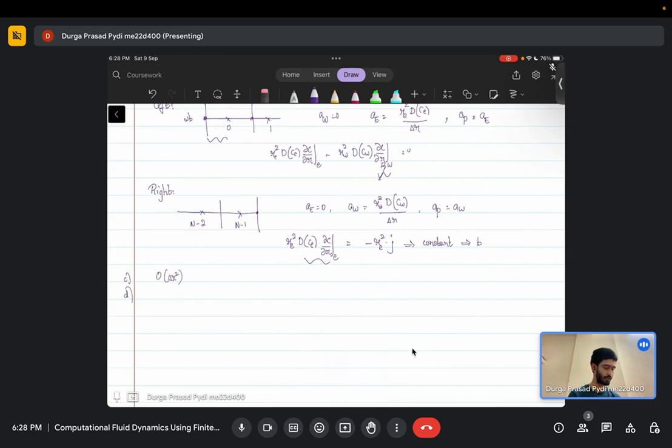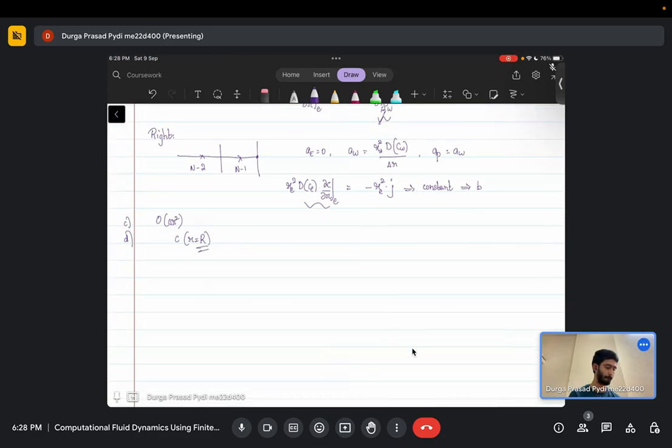Our objective is to find the value of c at the surface at r equal to capital R. So how do I get this? This is at r equal to R.